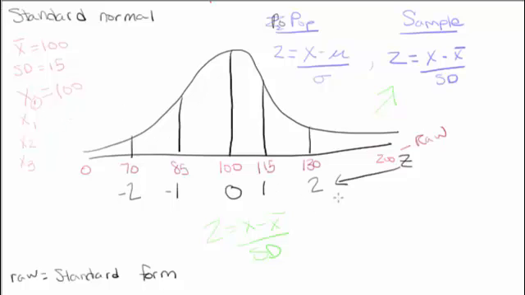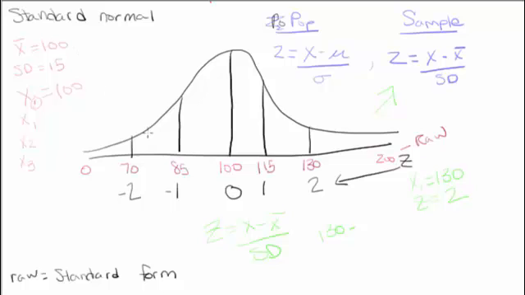But what if we have a raw score of 130? So it should be a z of 2. I'm going to put little things on my z's there so that we can tell what I'm talking about. Our raw score again is 130, so we're going to take 130 minus our mean.